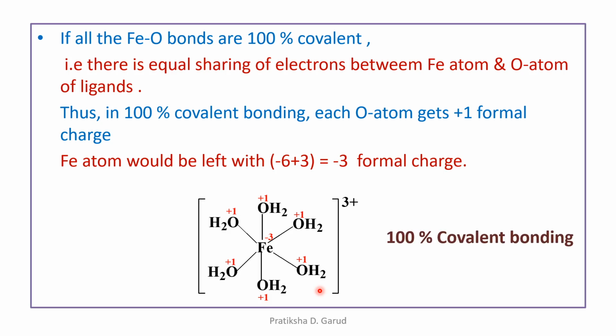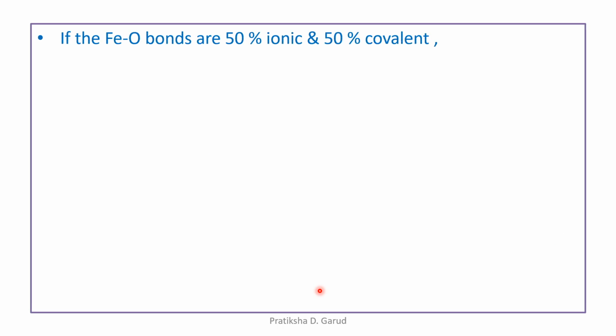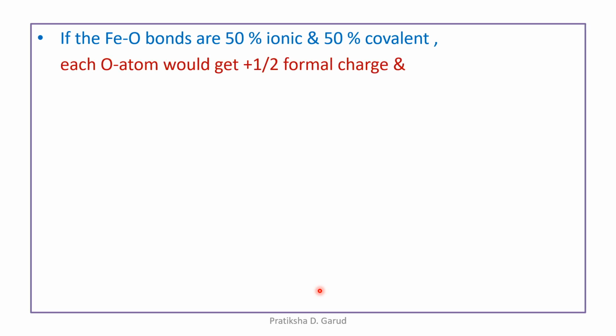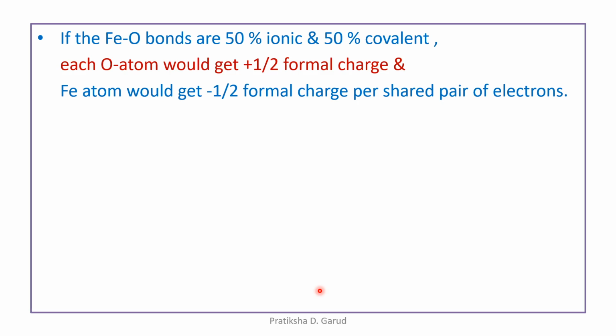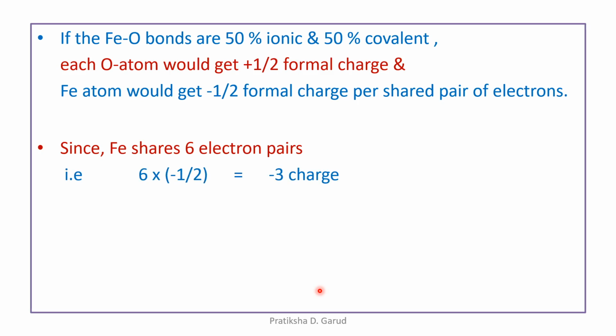Then the third type, if all the Fe-O bonds are 50% ionic and 50% covalent, each oxygen atom would get +½ formal charge. So the Fe atom would get -½ formal charge per shared pair of electrons. Since Fe shares 6 electron pairs, that is 6 × (-½), which equals -3 charge.